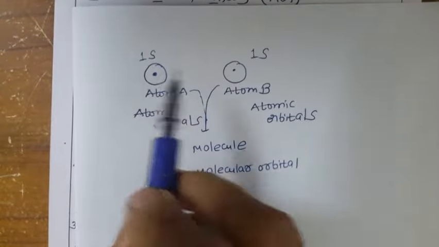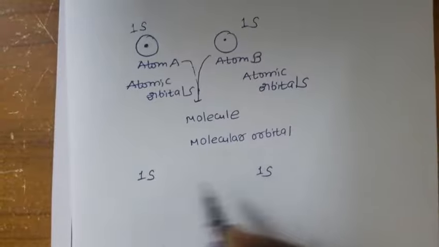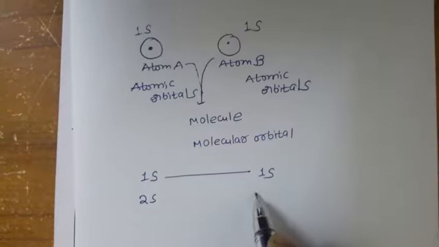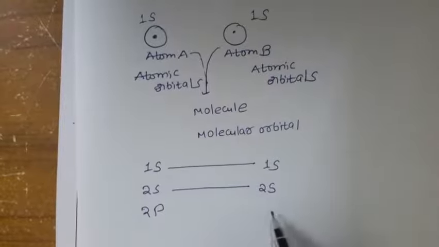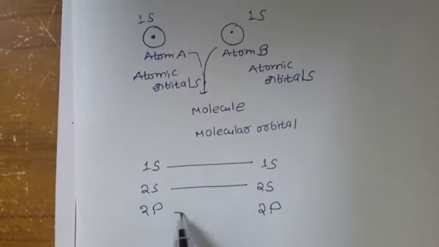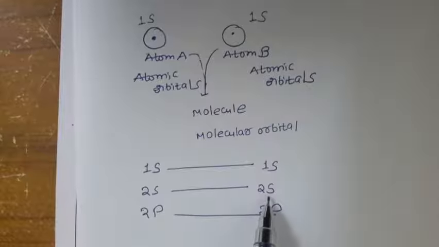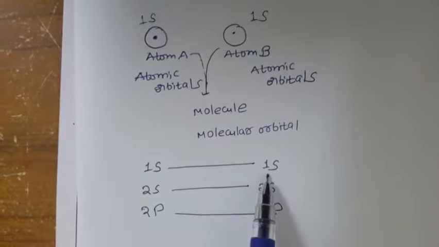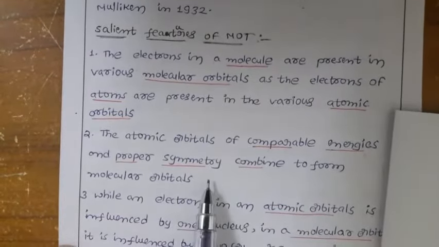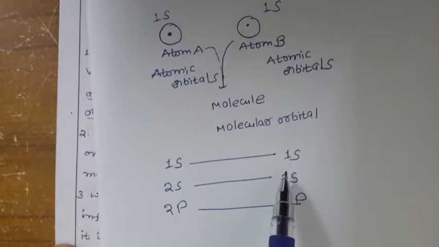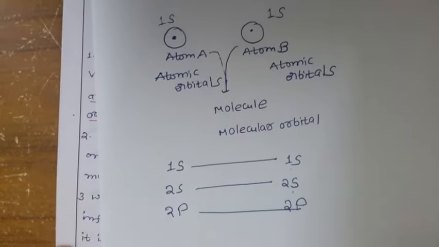It does not combine with a 2s. 2s combines only with the 2s of another atom, and 2p combines with the 2p of another atom. 1s does not combine with 2s because there is a difference in energy. The symmetry of a 1s matches only with the 1s of another atomic orbital, and only those combine to give the molecular orbitals.